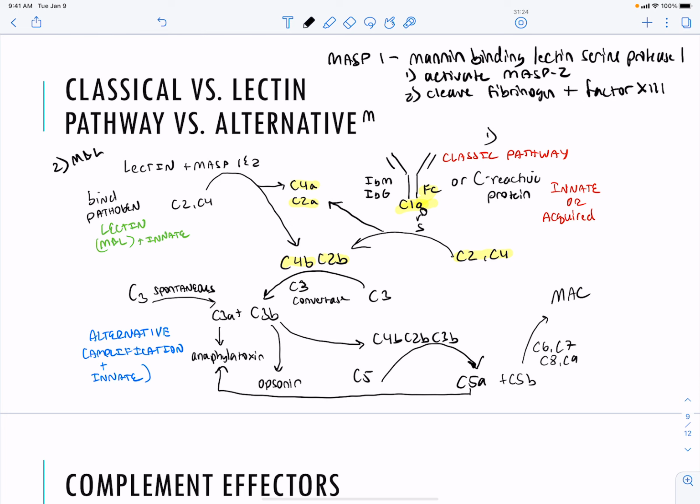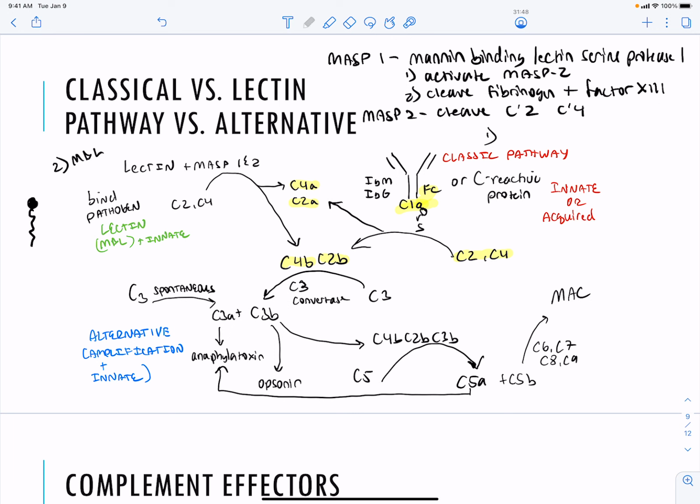And then MASP2 is mannan-binding lectin serine protease 2, and this is what's going to cleave complement component 2 and complement component 4. So you have the lectin, similar to that colectin. It has that globular head, and then it has that funny tail.